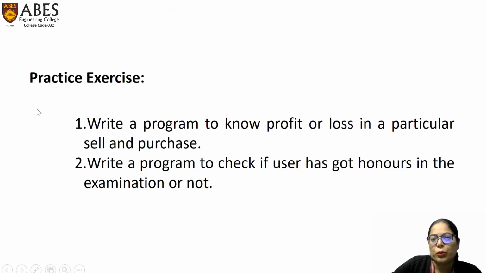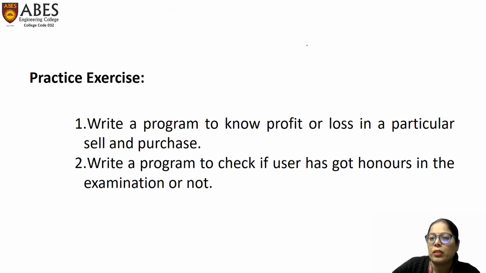Now these are the practice exercise questions for you. First, write a program to know profit or loss in a particular sale or purchase. That means in a particular sale or purchase, you have to check whether there is a profit or loss. The hint is that you must be knowing the formula of profit.